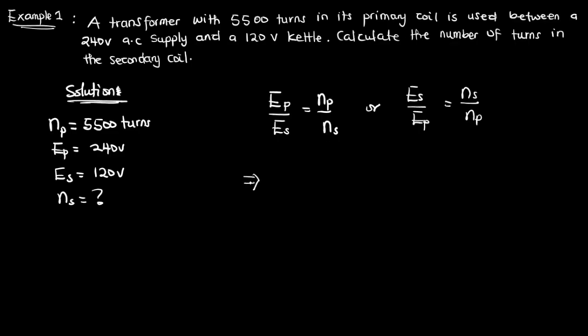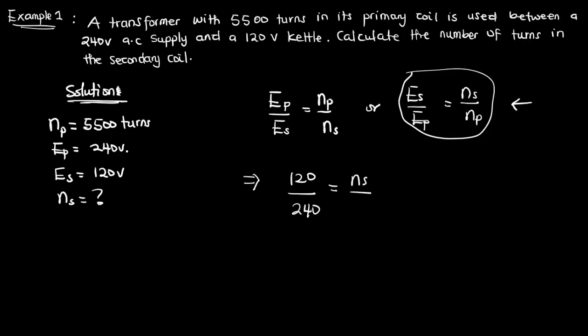So let's do our substitution. Let me use this one for the sake of consistency, right? So our secondary EMF is what we said, we have 120 over our primary EMF, which we have over here as 240, and this is equal to our number of turns in the secondary coil, which we do not know, over the number of turns in the primary, which is 5,500, right?